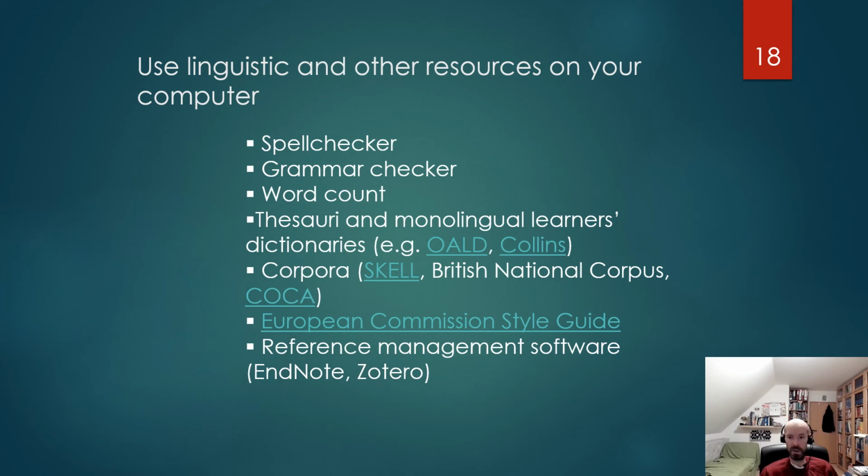We're going to talk about such aids as thesauri, that is dictionaries of synonyms, and monolingual learners' dictionaries tomorrow, as well as corpora, such as the Sketch Engine, or the British National Corpus, or the COCA Corpus. You need a style guide, such as the European Commission style guide. And some people will also want to use reference management software such as EndNote or Zotero.